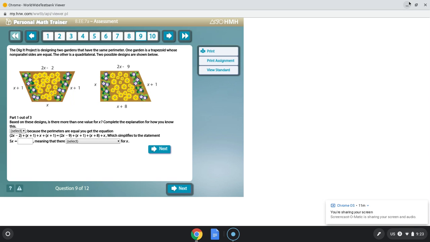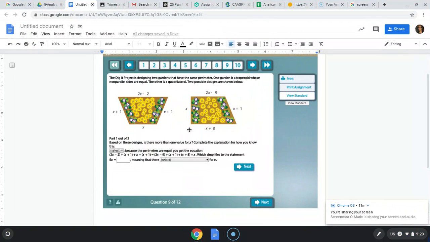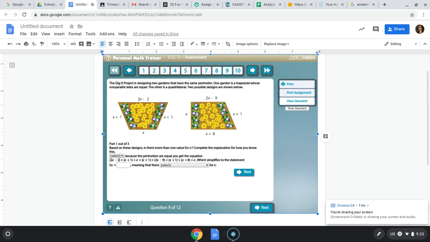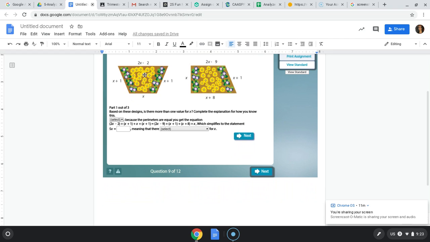Okay, on my work over here, I'm going to write the equation. Remember, the perimeter is the distance around the shape, okay? So the perimeter for this one, they have it right here, it's going to be 2x minus 2 plus the other 2 sides, x plus 1, x plus 1.